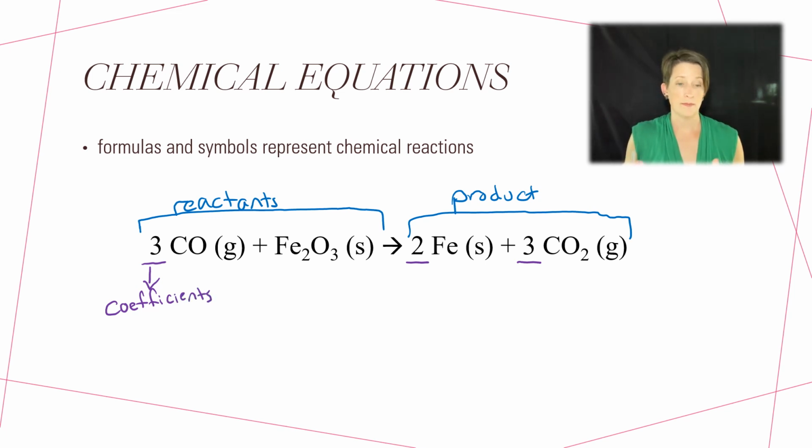Coefficients help us balance the atoms on the reactants and the product side, because we have to make sure that we maintain the law of conservation of mass and matter. So we can't just have atoms disappear or atoms appear. So that's what the coefficients help us to do.